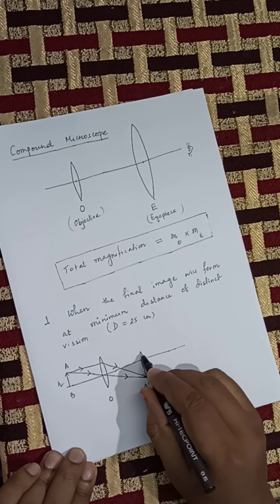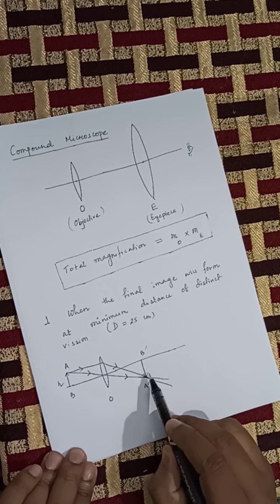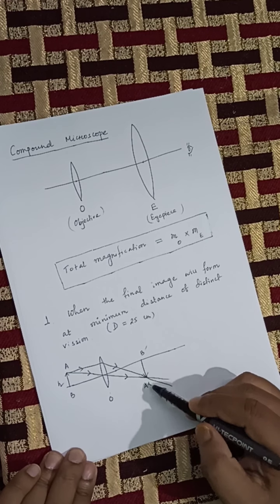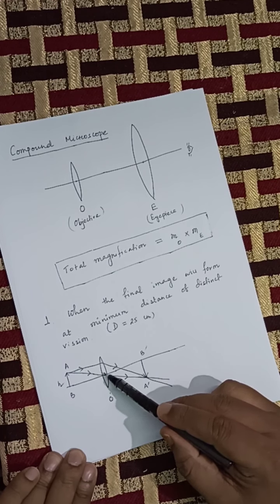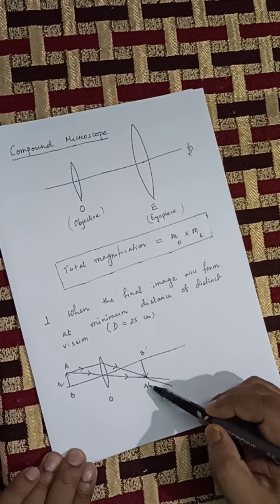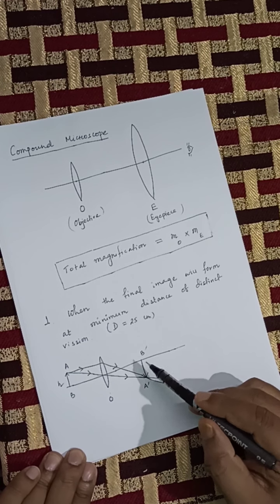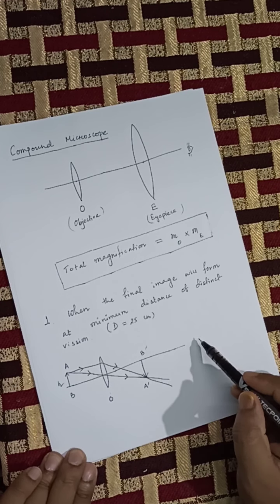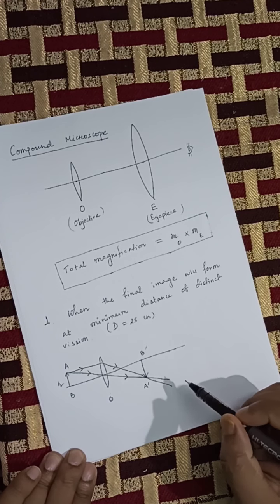This is A dash B dash, and this will behave like a virtual object. Okay, meaning the image of the objective lens, that is A dash B dash, will now behave like a virtual object for the eyepiece lens.